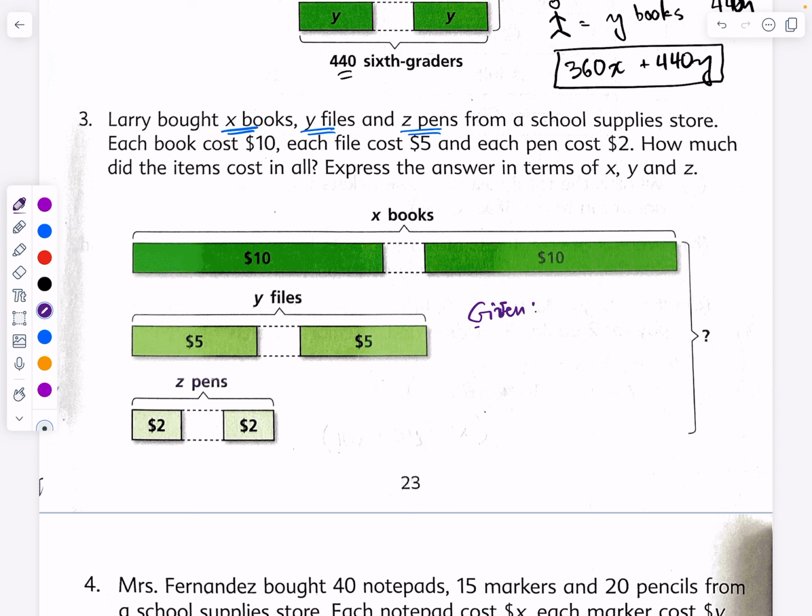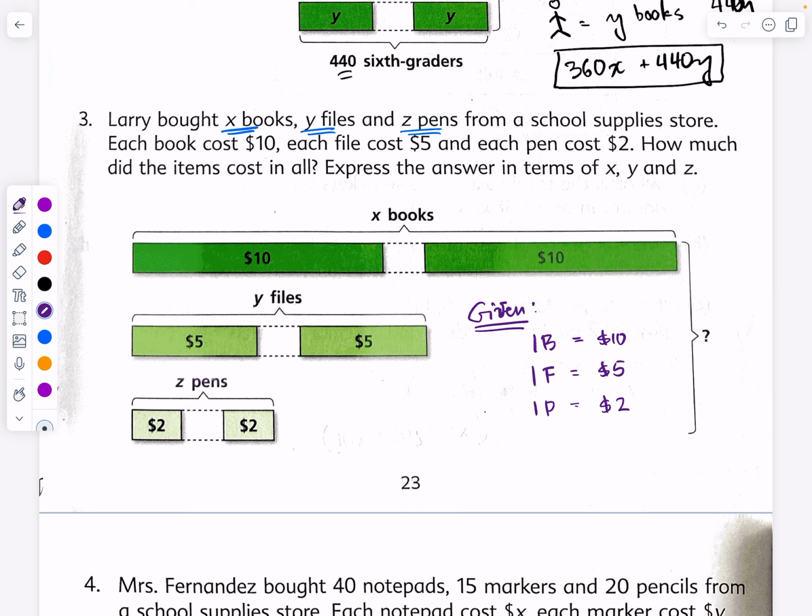That's always a good practice. What do we know? One book is $10. One file is $5. One pen is $2. That is what is given.